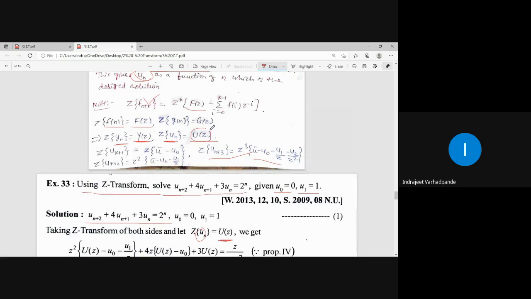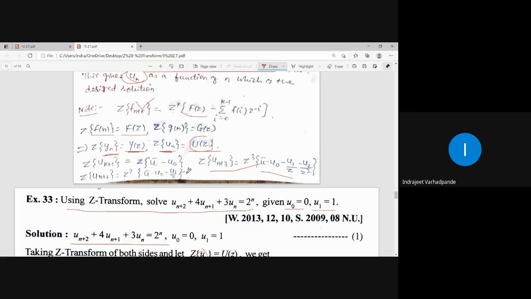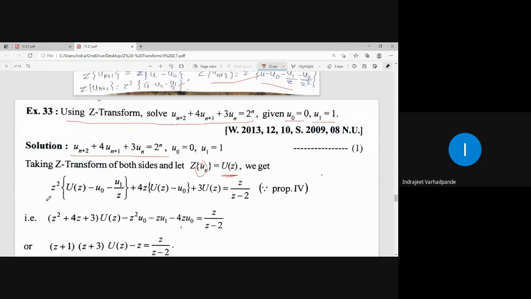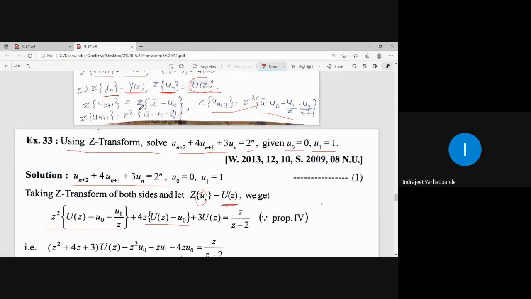Here we saw what the formula is for u of n plus 2: z square into u of z minus u0 minus u1 by z, right? This is what is visible over here. So I have applied the Z transform formula. For u of n plus 1 it is z into u of z minus u0, which is written here. The Z transform of u of n is u of z.